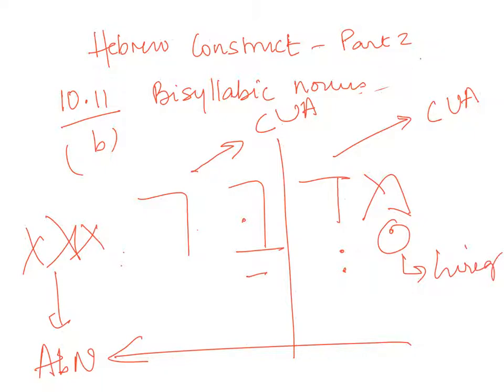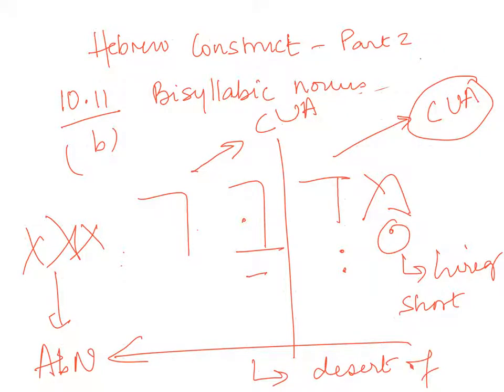This is already a short vowel. I don't have to change the vowel because it's already short, and it follows the rule that it's a closed unaccented syllable. So you just leave it this way. So this will be translated as desert of or wilderness of. It can come in geographical descriptions in the Old Testament.